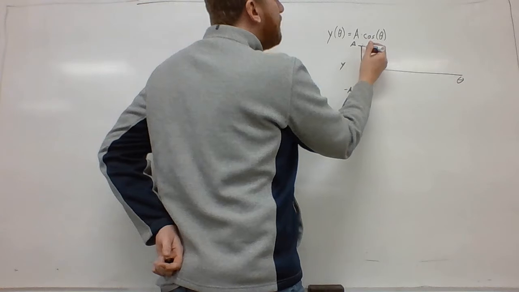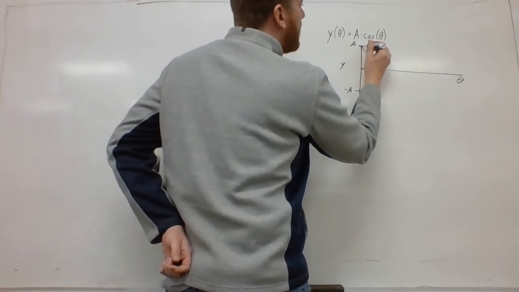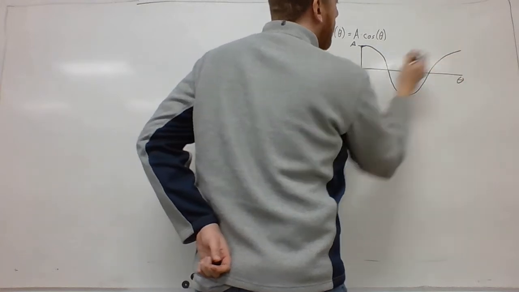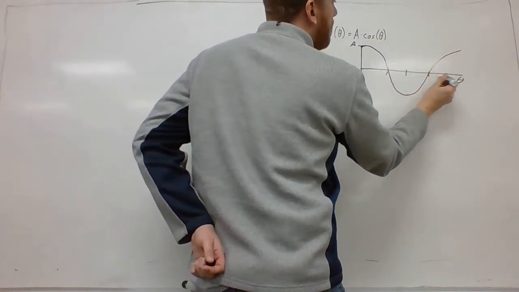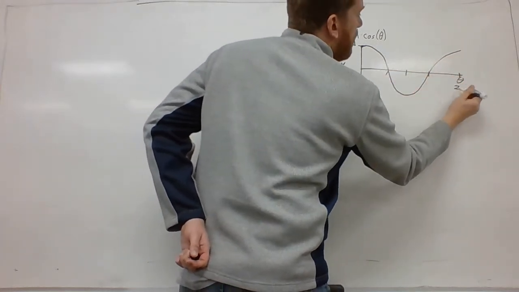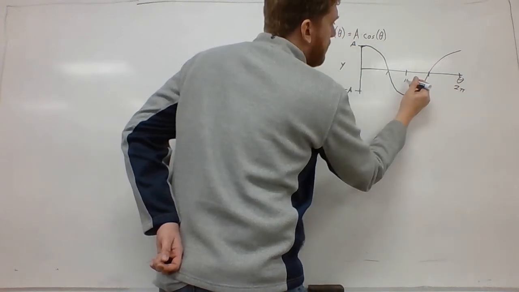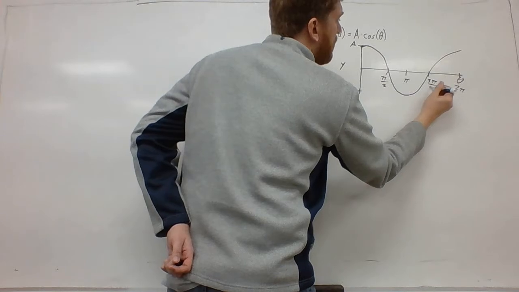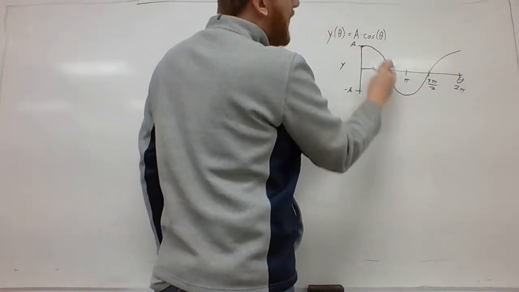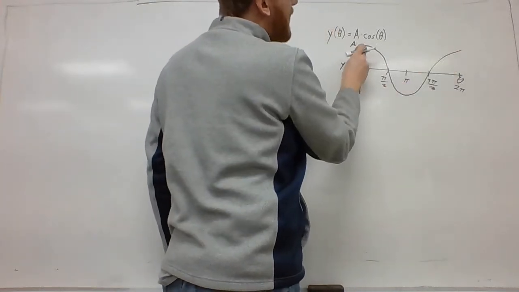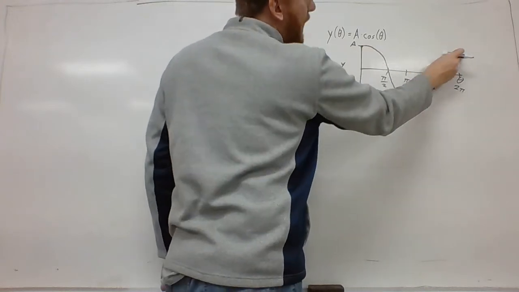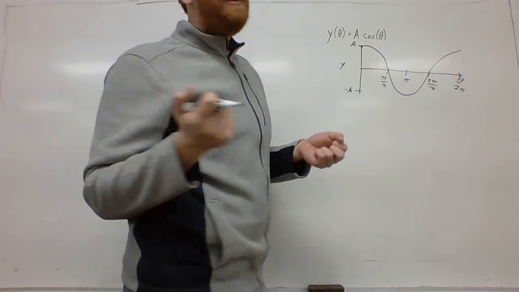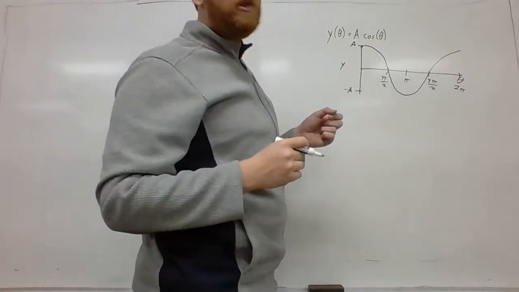The cosine graph looks like this. You can plot it using a calculator, or you could just plug in values of theta, but this one you should have memorized. An entire cycle, that is going from the maximum down to the minimum back to the maximum, is a length of 2 pi, or as we go through a phase of 2 pi.